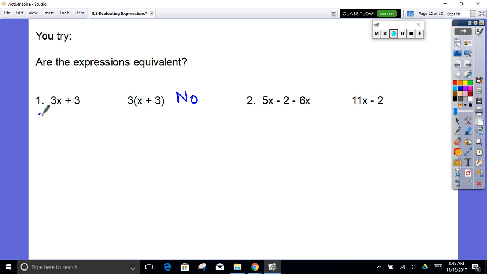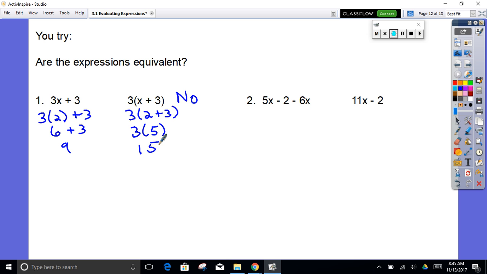Okay, so we have 3 times 2 plus 3 is 6 plus 3, which is 9. Over here we have 3 times 5, which is 15. No matter what number you picked, you should have gotten no as your answer, because it would not have produced the same result.